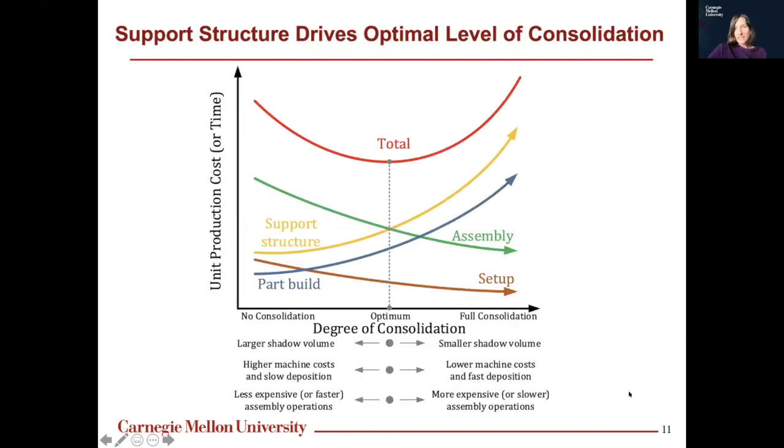So we ran this over a number of different subsystems with different geometries, materials, and AM modalities. And this figure is qualitatively summarizing the results that we found, which are that for parts that have what we call a smaller shadow volume, which is proportional to the amount of support structures that would be needed for that part, for modalities where we have a lower machine cost or faster deposition, and for parts where the assembly operations are more expensive, the optimal level of consolidation can be at full consolidation.